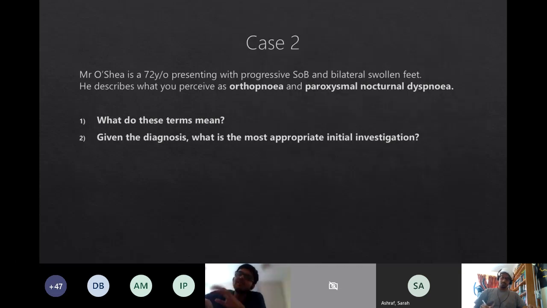Right. Case 2. Well, enough of the rare stuff. So this is Mr. O'Shea. What did these two words mean? Oh, this is bringing back memories.